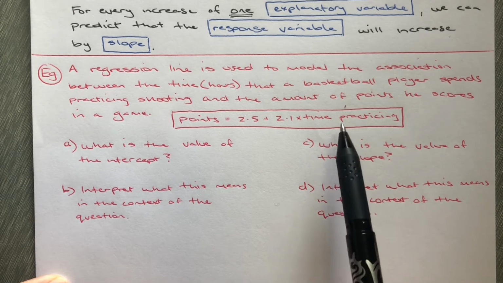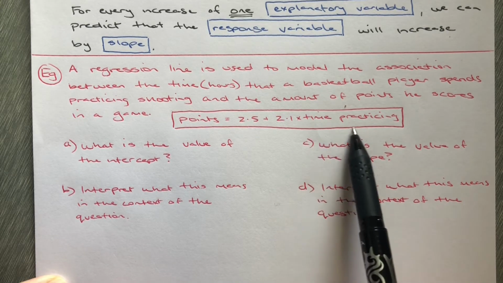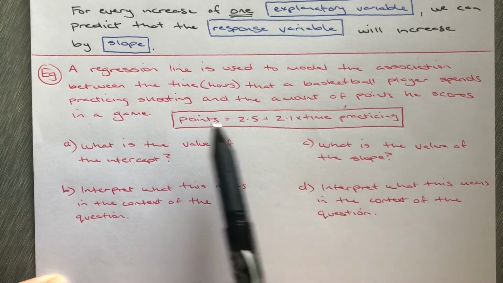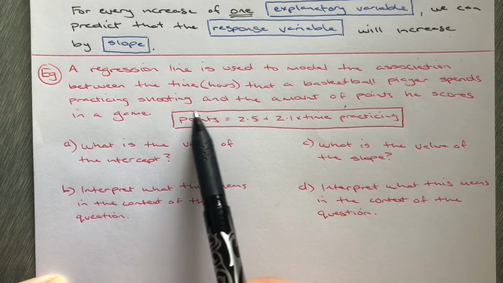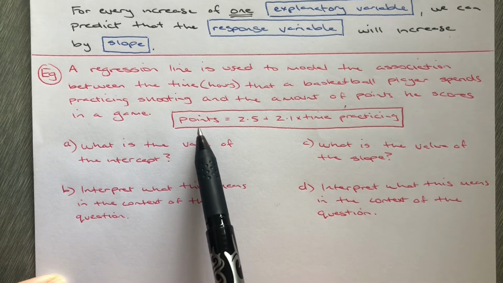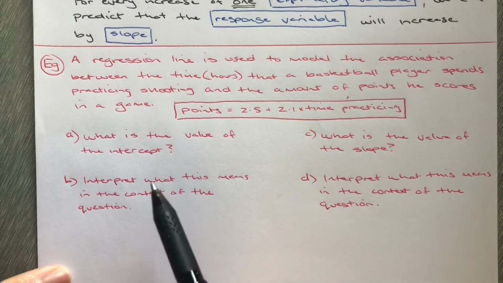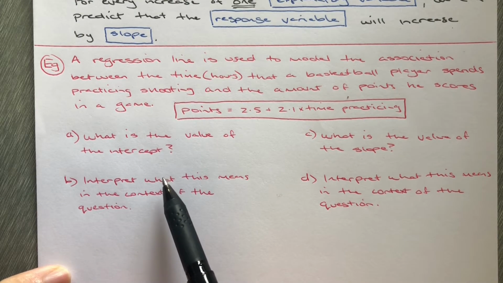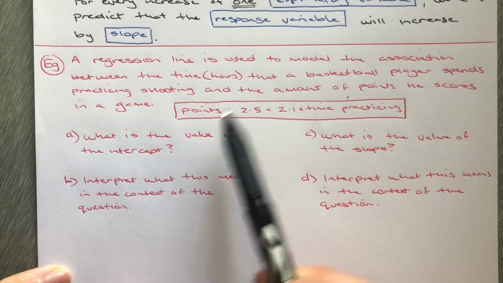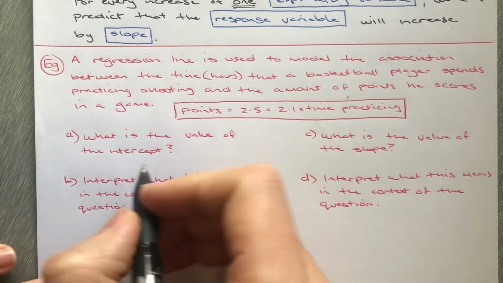Time practicing is the x variable, which is the independent or explanatory variable, and the amount of points scored is y, our response or dependent variable. Let's look at the questions. What is the value of the intercept? We look at our equation, and the intercept is 2.5.